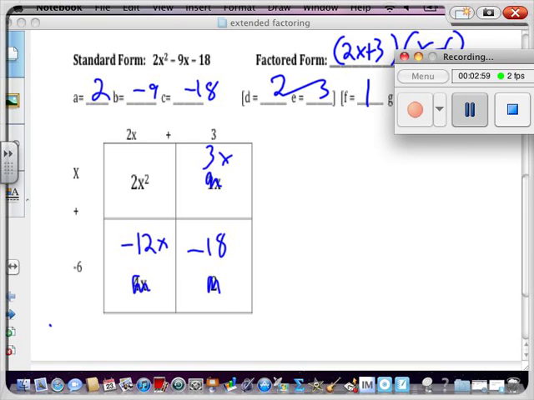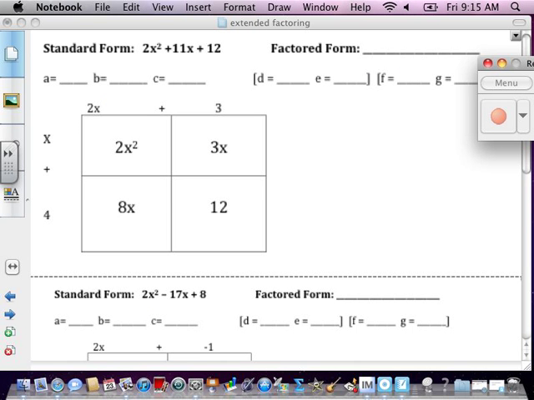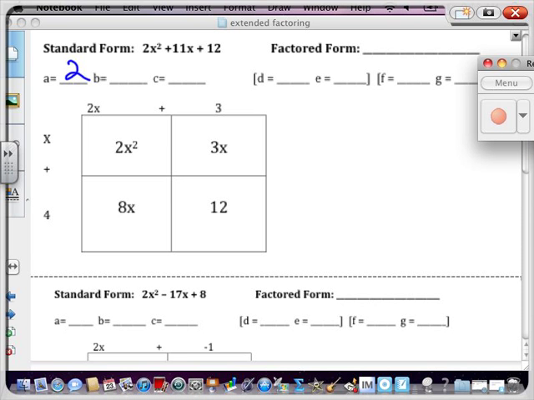Let's look at these. So, I get 2, 11, and 12. For my factored form, I get x plus 4, and I get 2x plus 3.